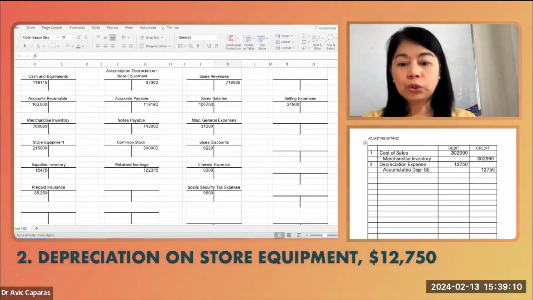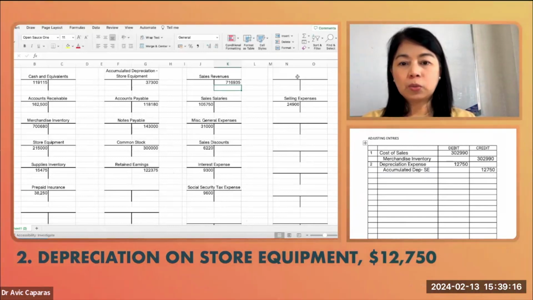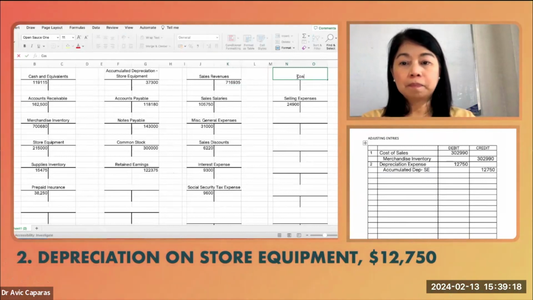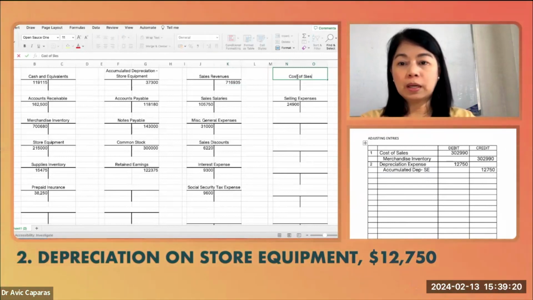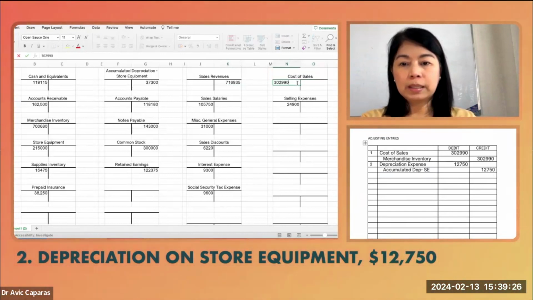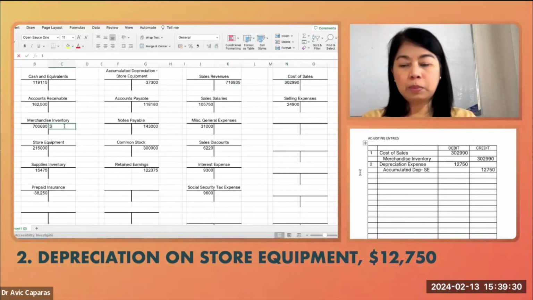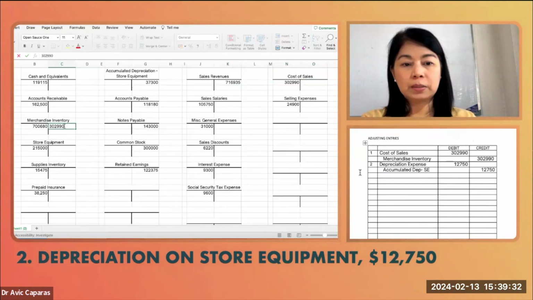I forgot that we should have actually entered this in the T accounts. So for the cost of sales, we will create a new T account. It's a debit of 302,990. Merchandise inventory will be minimized, 302,990.